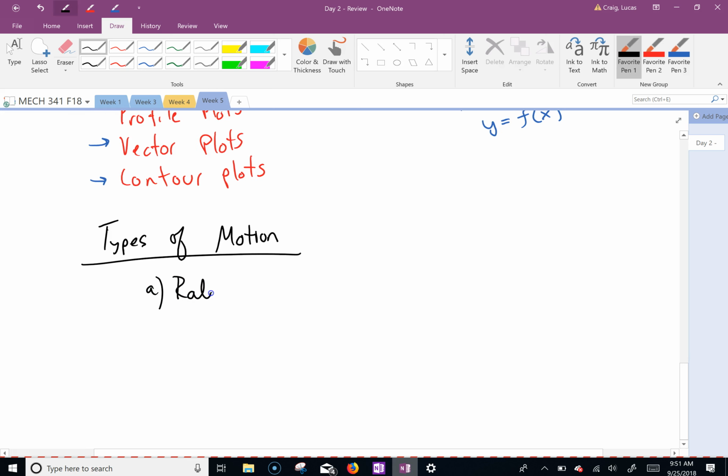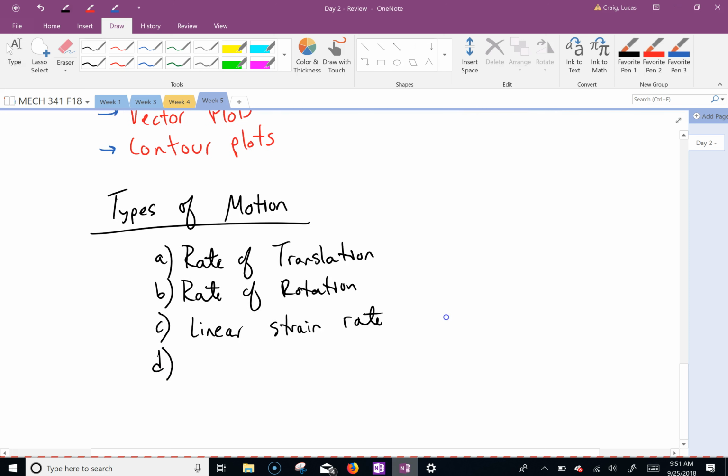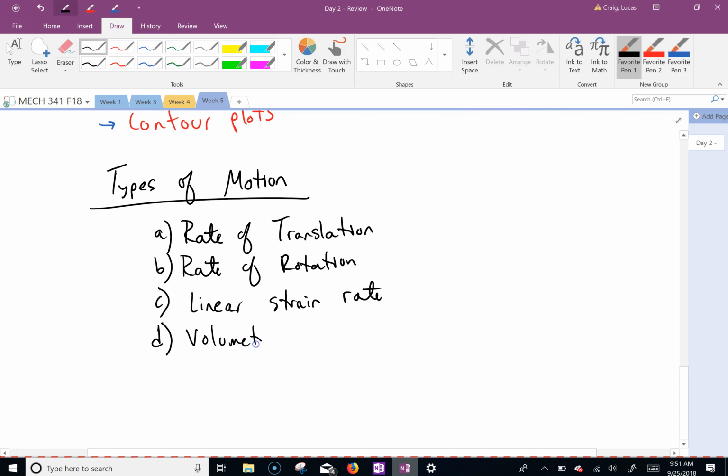So there's rate of translation, rate of rotation, there's a linear strain rate, volumetric strain rate, and shear strain rate.